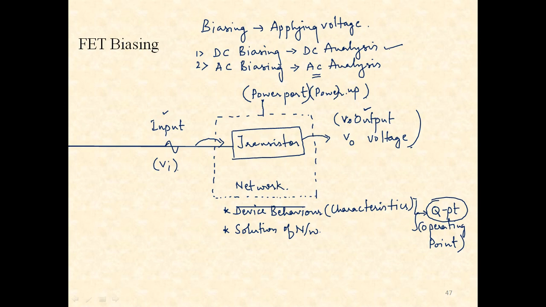The steps which we employ for that are called DC analysis. Normally for the power port, we apply a DC signal. It's not always true, we can also apply a sinusoidal varying signal, but normally a DC signal is applied to the power port.